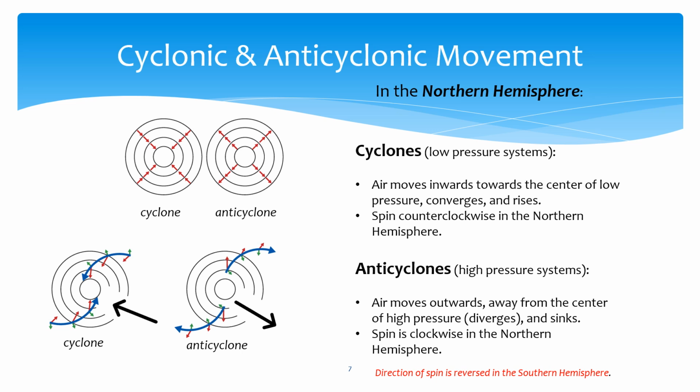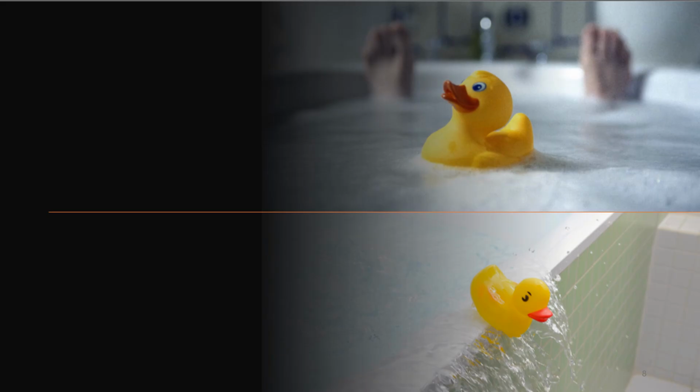Let's expand upon this idea of cyclonic and anticyclonic movement and this movement of air with high and low pressure just a little bit more to really get it firm in your mind, because that's going to help a lot as we move forward. So there's our basic recap of what's going on with high and low pressure systems.